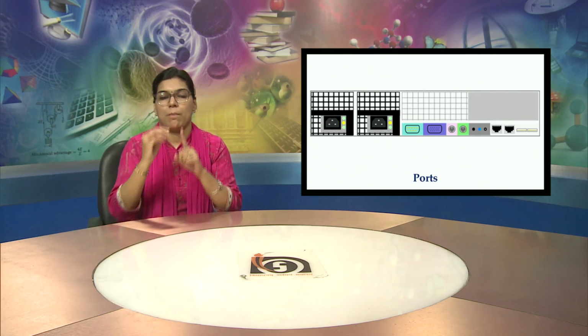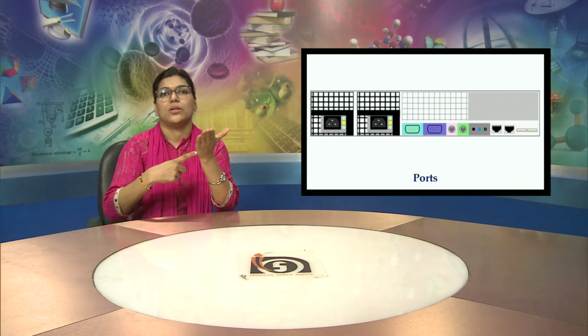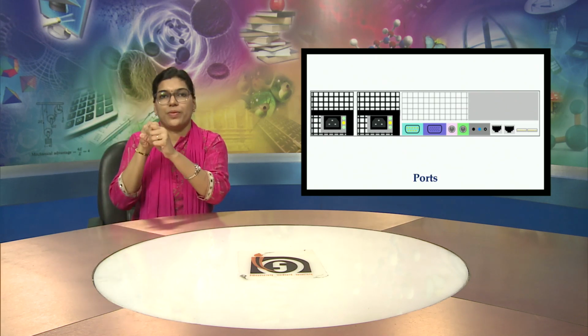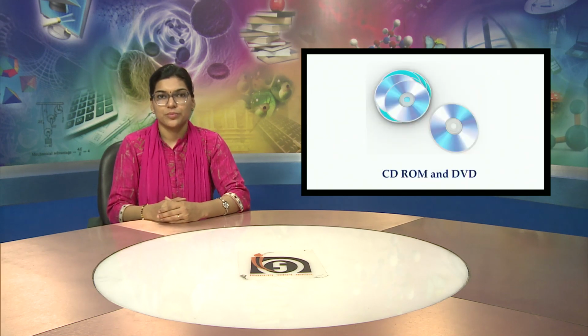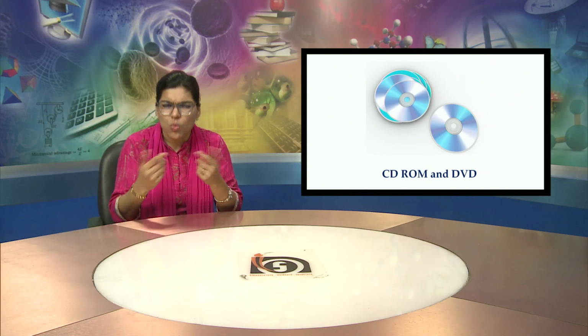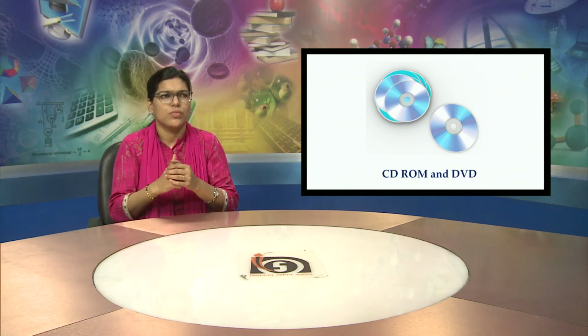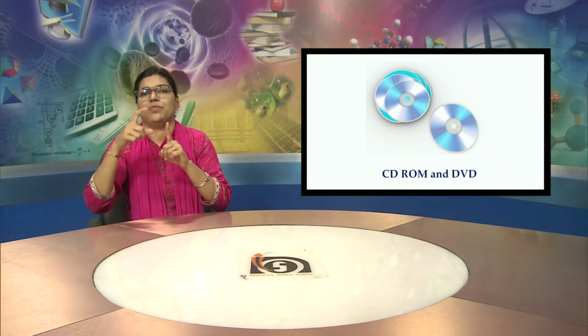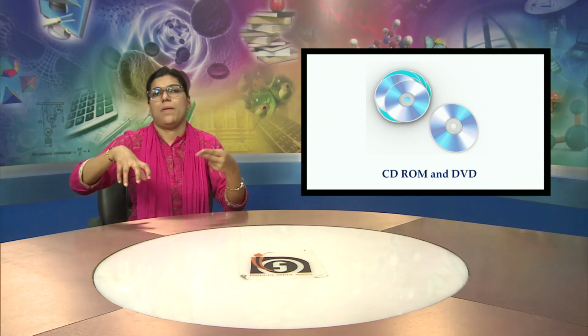There are different ports available of different sizes. These images are of the CDs in which we can copy files, folders, any document we need to store. So, CD-ROM and DVDs.